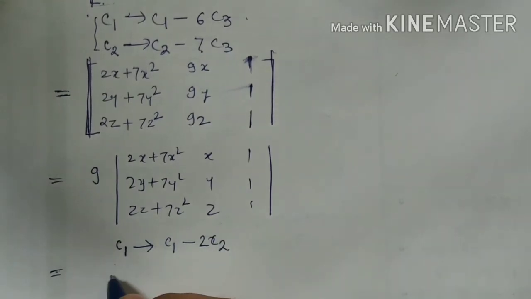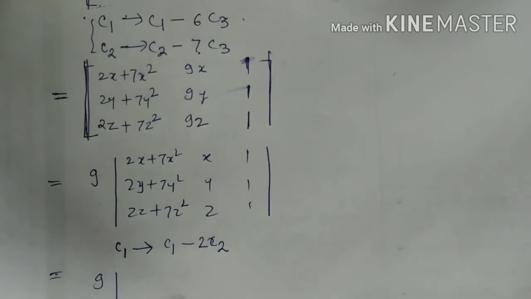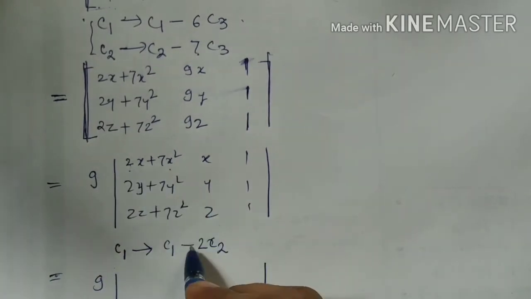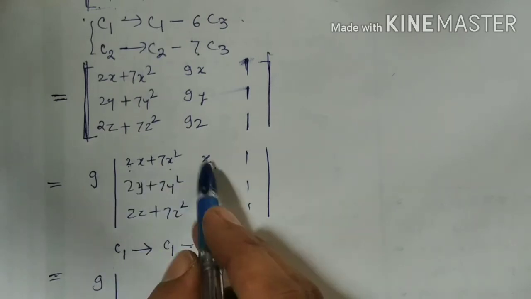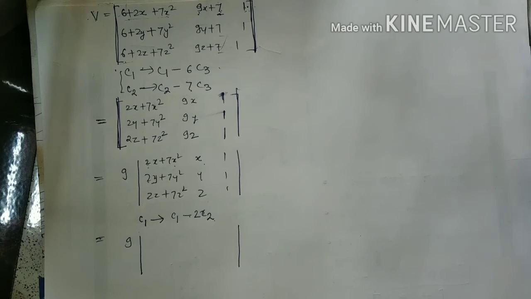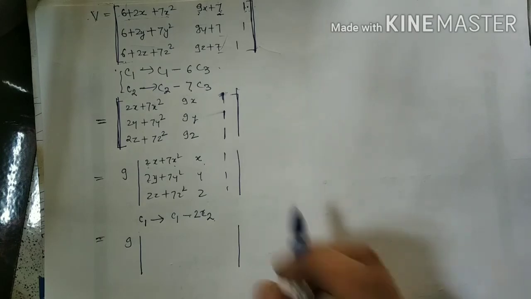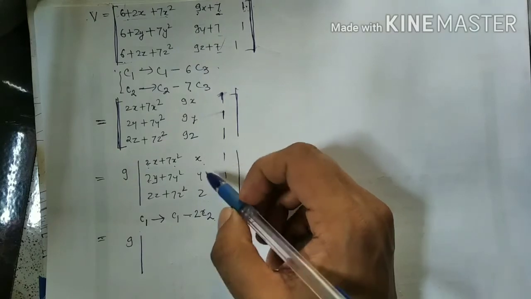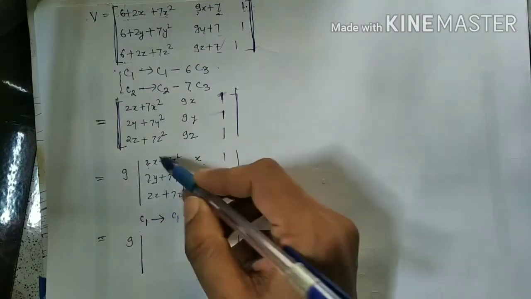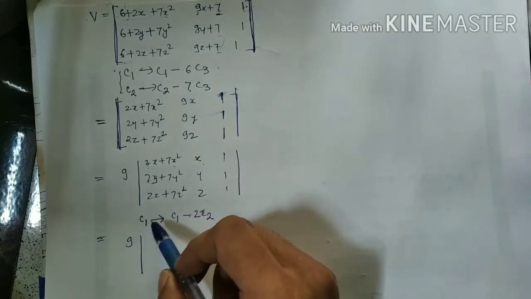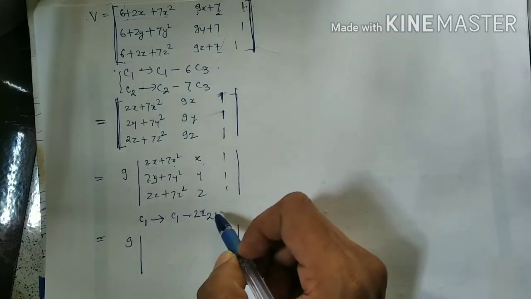What will happen after this operation? 2x minus 2 into x, so 2x is going to cancel. Similarly 2y. As we have taken 9 common out of the second column, we will be left with x, y, z in the second column. So now the idea is this: we have to remove this 2x, 2y, 2z from the first column. For that I am performing C1 minus 2 times C2.